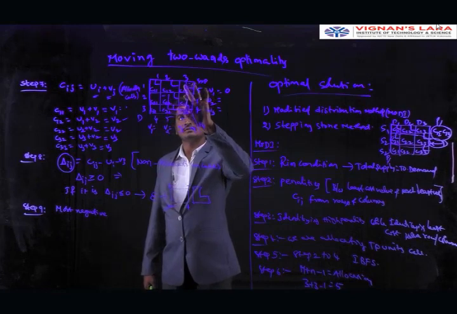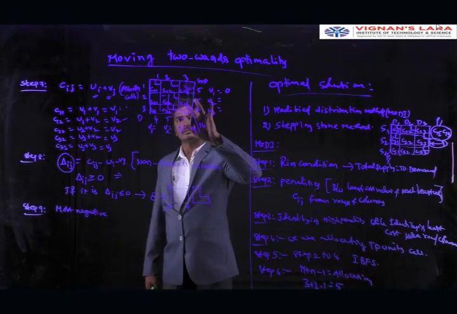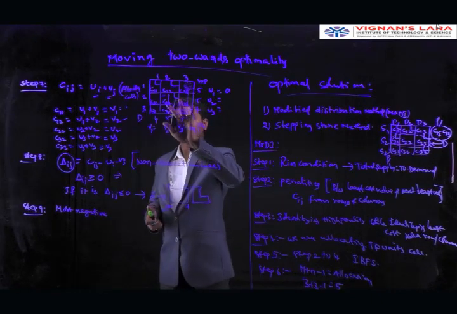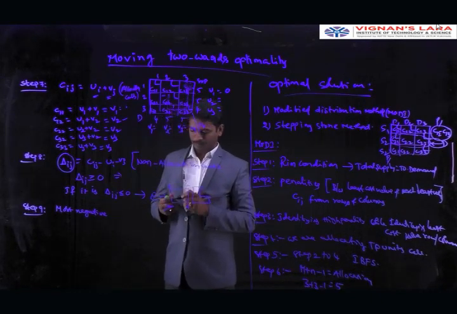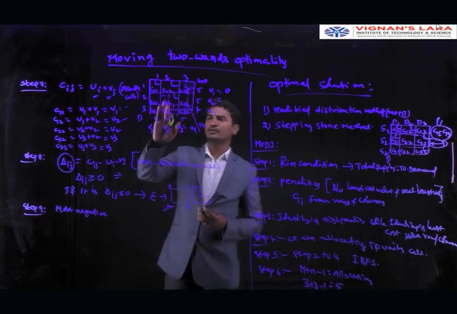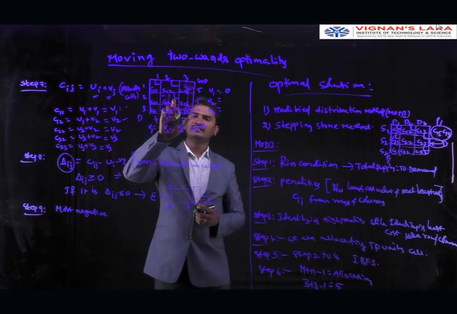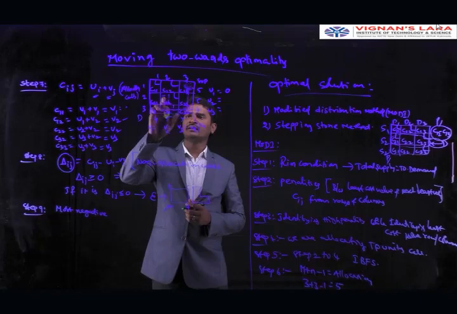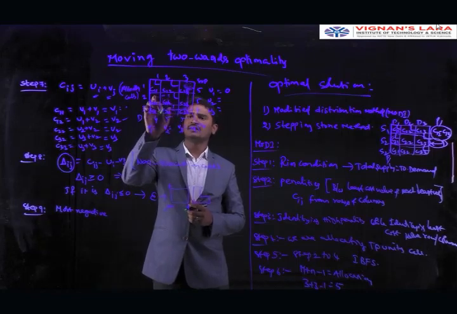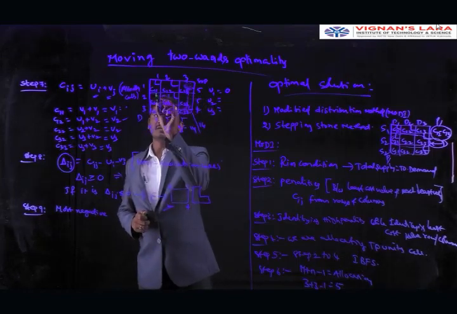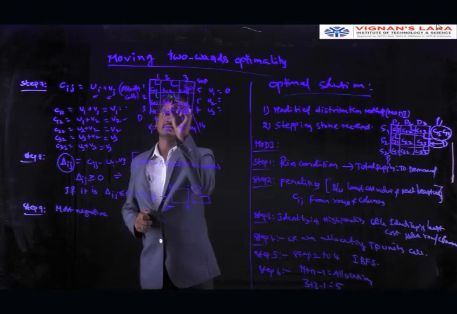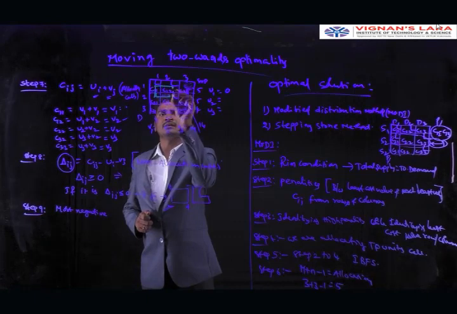Suppose we have the negative value here, it is allocation is there, we are taking the negative sign and here we are drawing the loop based on this. If suppose here also we have one allocation, draw this. The loop must start with allocation and end with allocation. Here we are taking negative, positive, negative, positive.